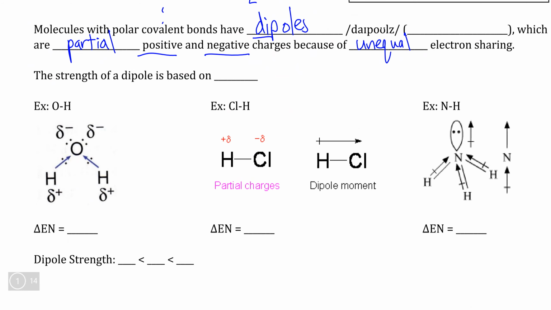Now, I alluded to this when we took a look at the difference in electronegativity. The strength of the dipole, meaning how much negative charge is in the partial negative pole, or how much positive charge is in the partial positive pole, is based on the difference in electronegativity.